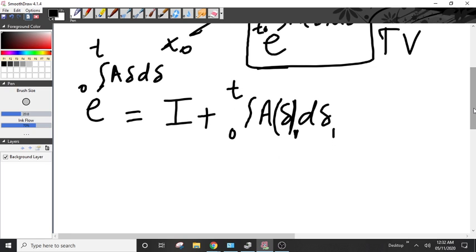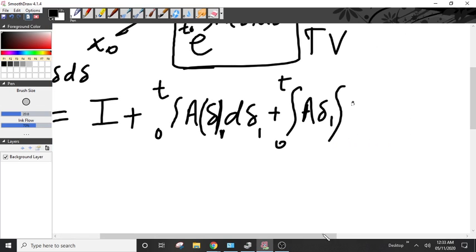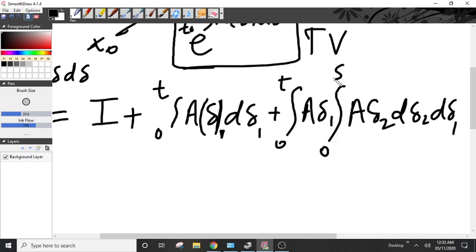So if I write this as this, this is my first term, and then for the second term, 0 to t, this A(sigma 1) first, and then I will need a second integral, and the second integral will include a second dummy variable, A(sigma 2) d sigma 2, and d sigma 1 again, and this limit will be from 0 to sigma 1.